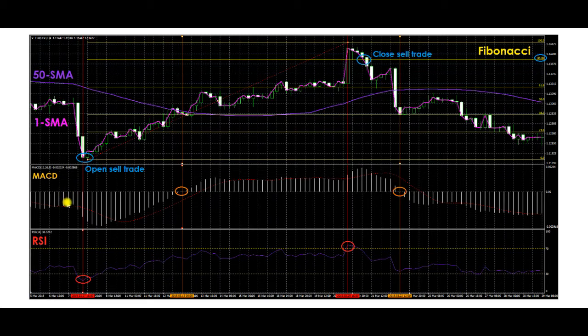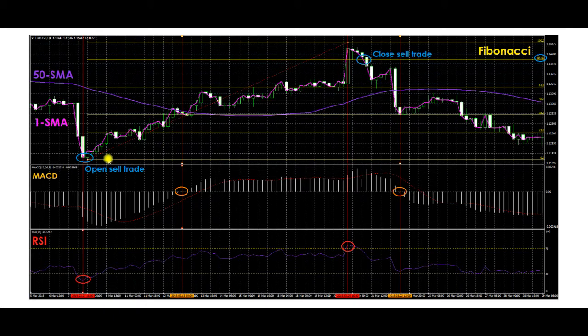If we have a negative signal for MACD and the RSI gives a signal of oversold, we will open our sell trade, right? And this will be the only position that we're making. So we keep monitoring the MACD, and when the MACD changes the signal to positive and we have an overbought signal from the RSI, then we need to put our Fibonacci.